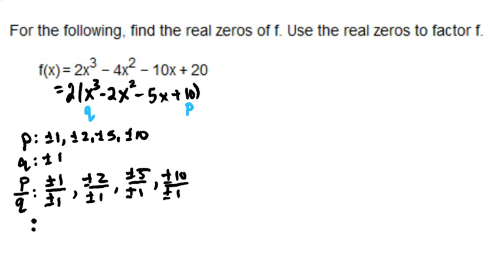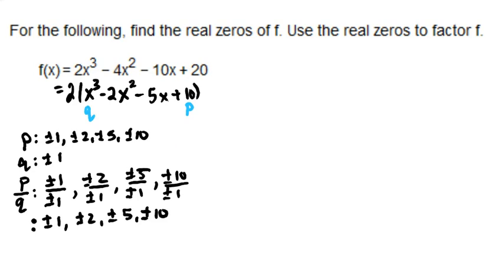This gives those potential rational zeros to be plus and minus 1, plus and minus 2, plus and minus 5, and plus and minus 10. This gives me a short list of values to check to see if I have any rational zeros.